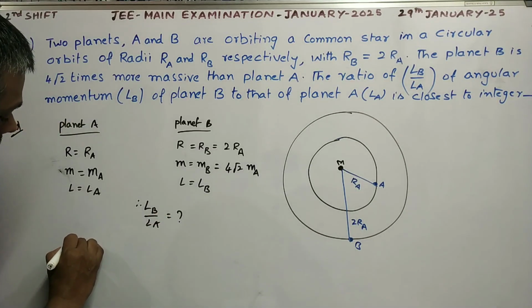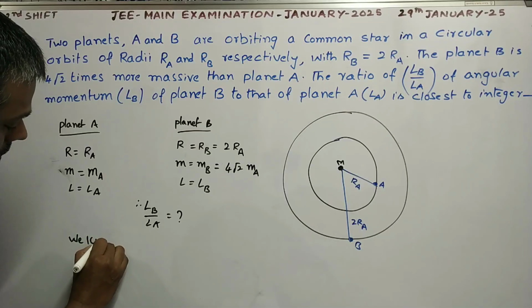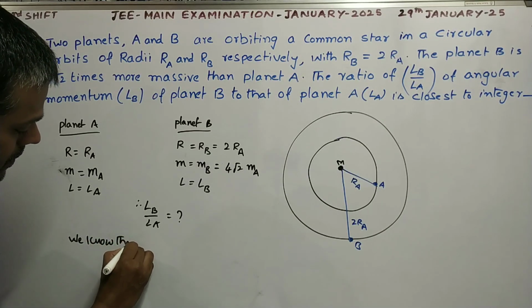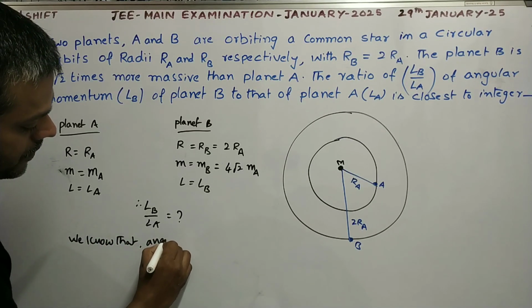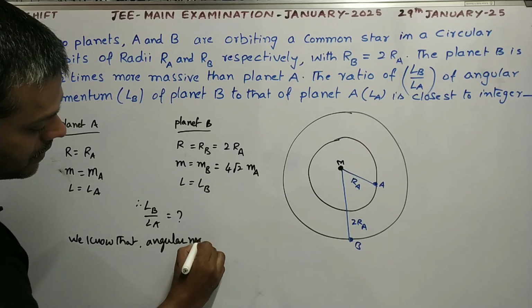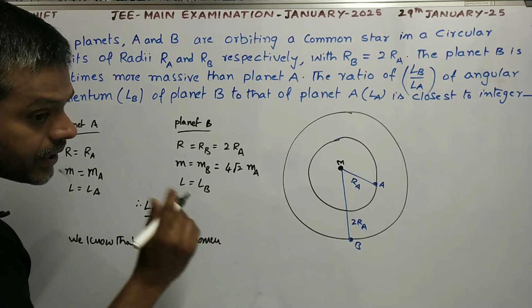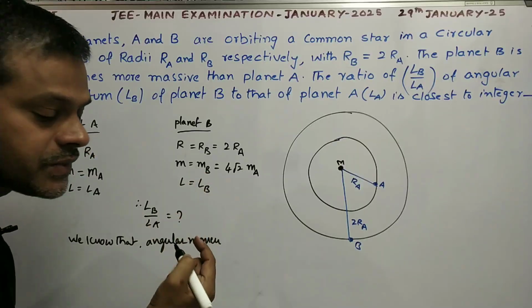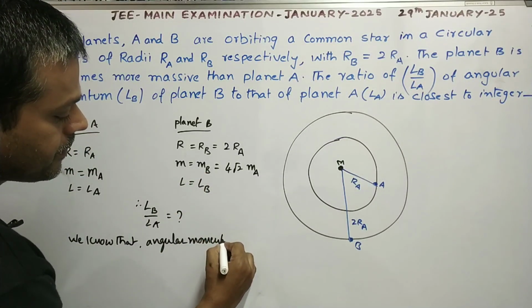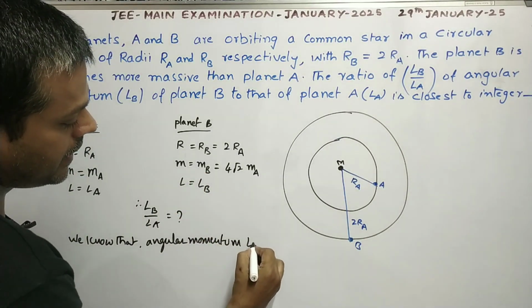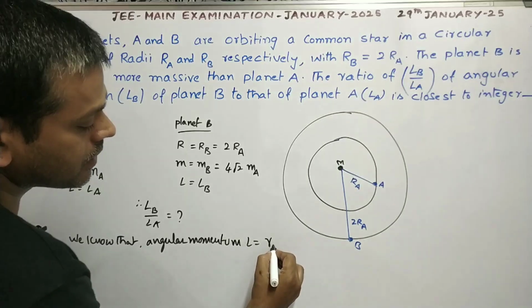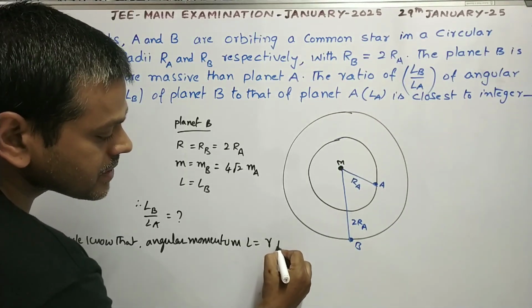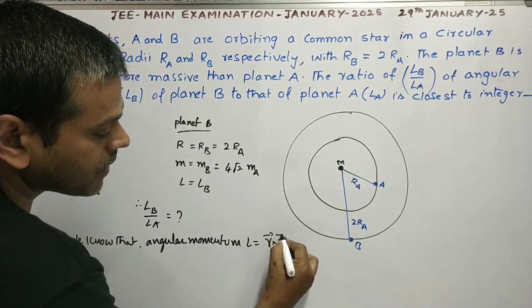We know that the angular momentum of an orbiting, rotating object, L, is equal to R into P, that means R bar cross P bar.